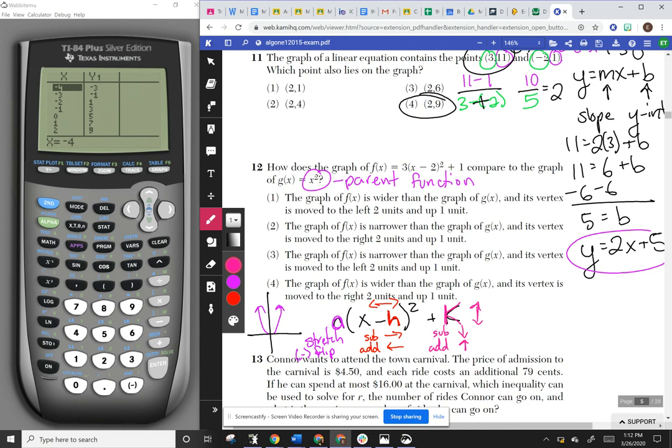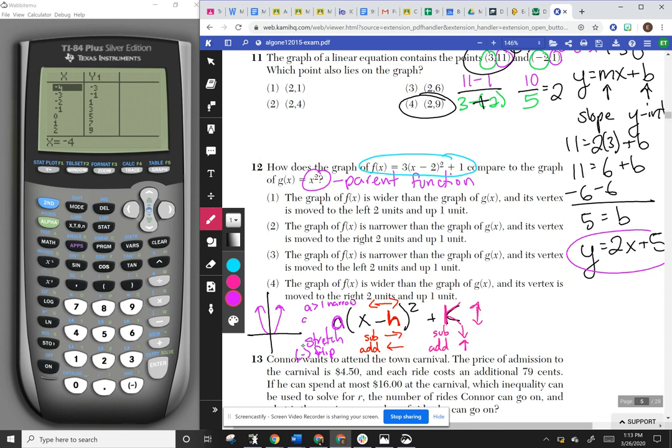So these are all shifts that you should memorize because they don't always give you nice functions like they are here. Because they're actually giving it to you as a nice function, I'm going to also show you how to do this using the graphing calculator, but this down here is definitely something you should know. And using that, we can see, when a is greater than 1, it's going to get narrow.